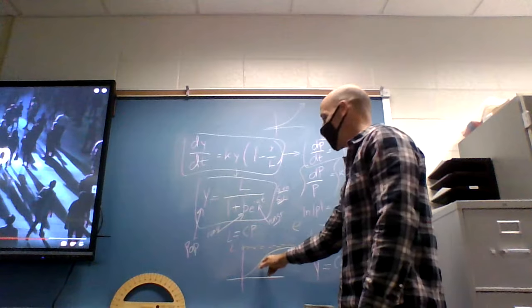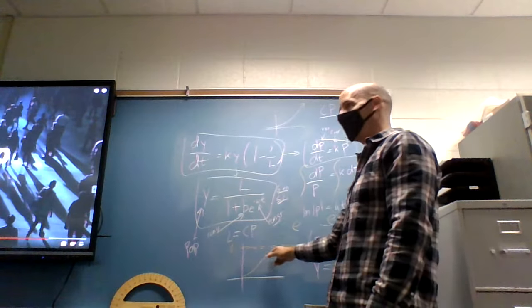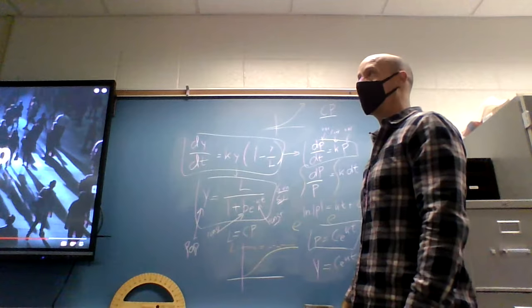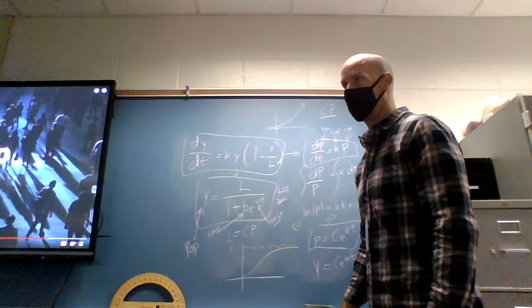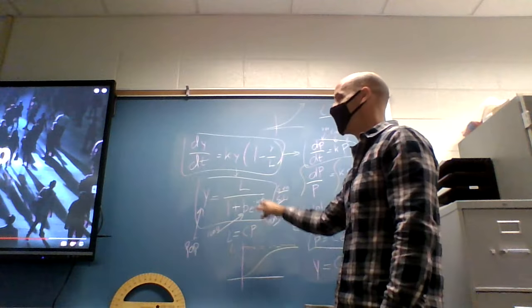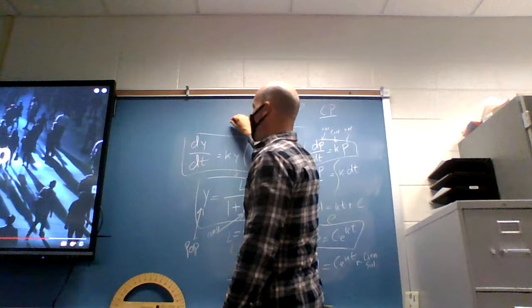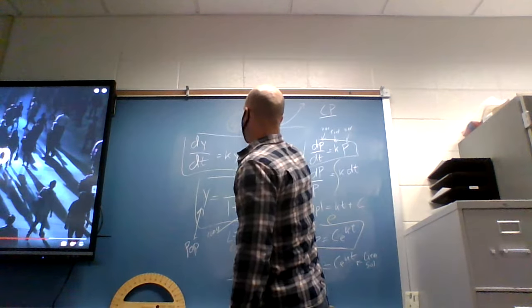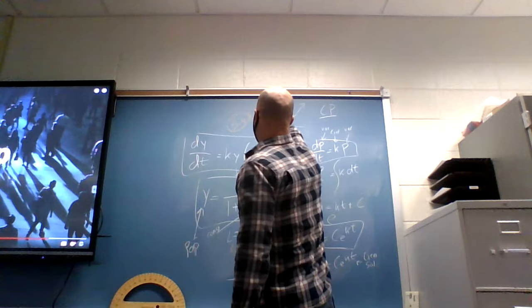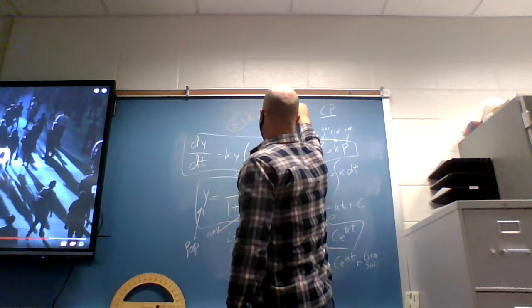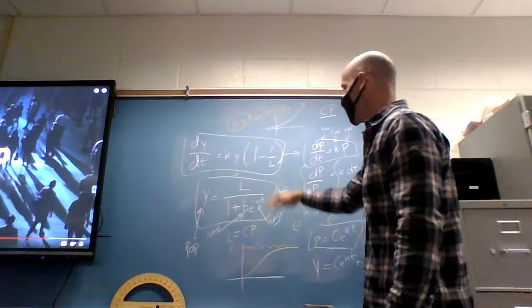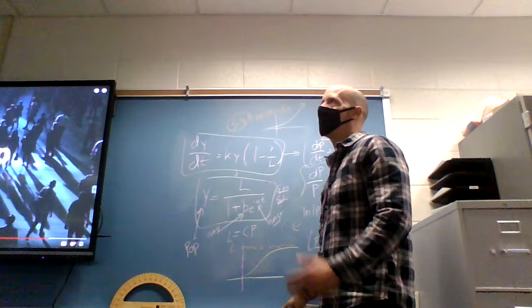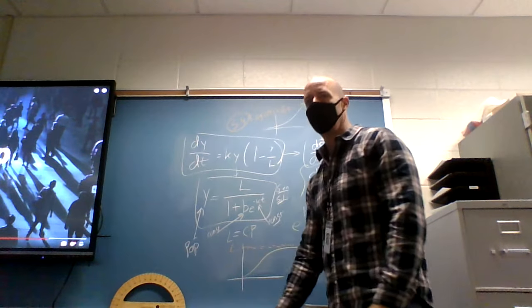It does grow exponentially, but then it's still growing, just slower, until it reaches its carrying capacity. This is section 5.4, the logistic equation. I derived it in my video, and you have to not memorize it. You have to manipulate it and work with it.